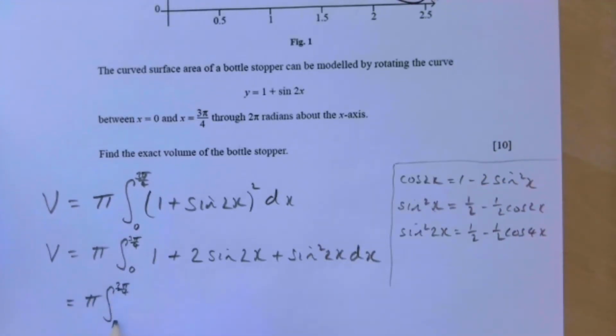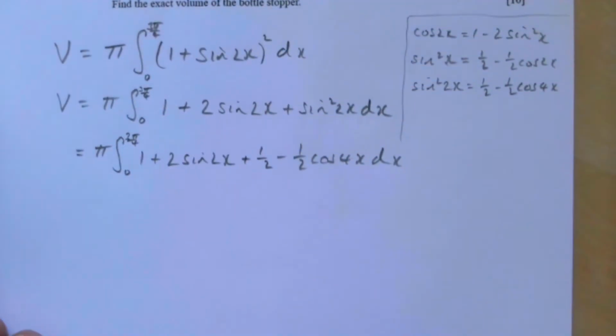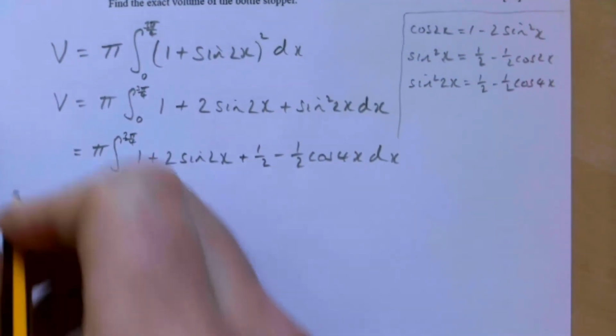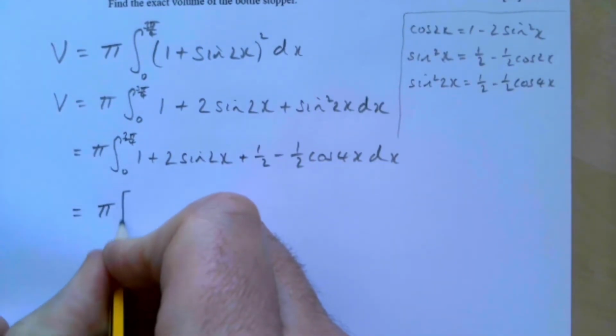3 pi over 4 and 0, 1 plus 2 sine 2x plus a half minus a half cos 4x dx. So we're now in a stage where we can integrate. So let's go on ahead and keep the pi outside the front.